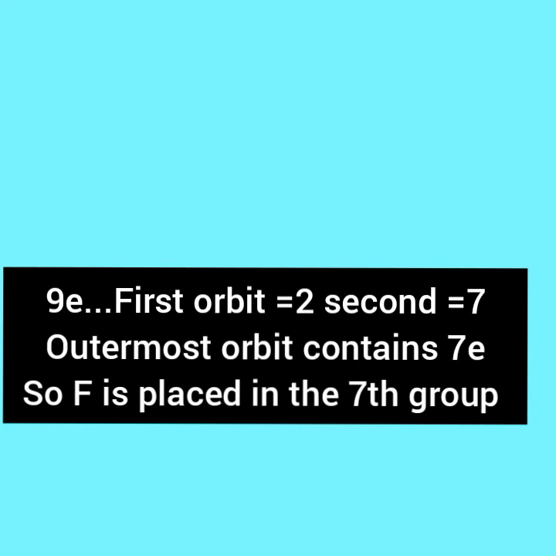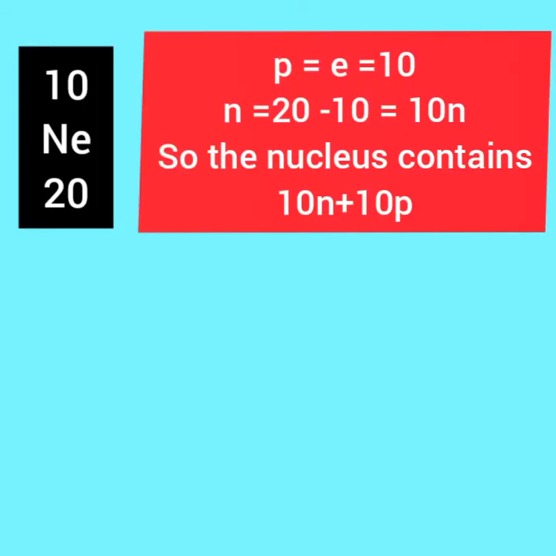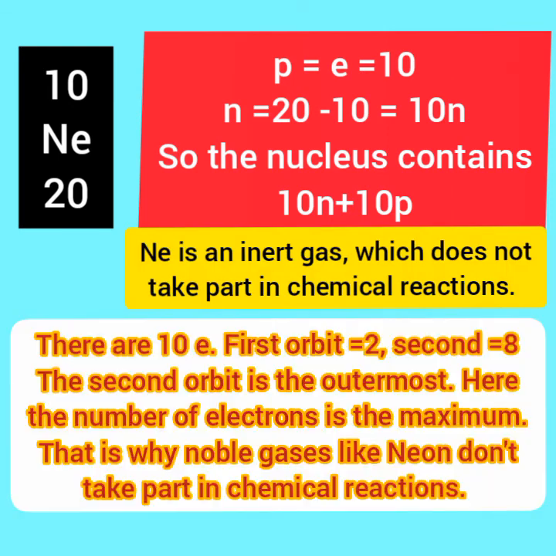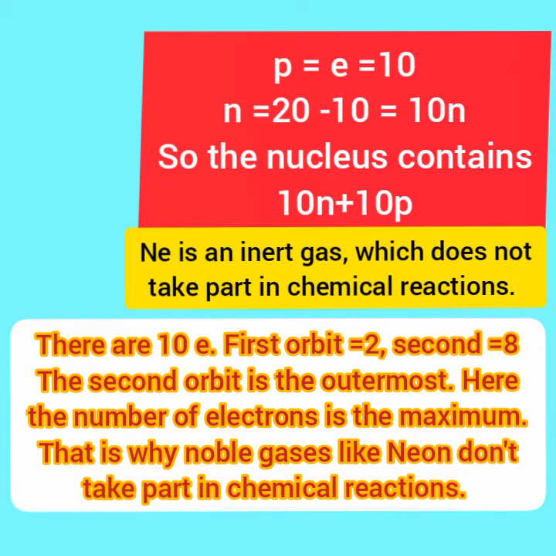Next is neon, the last of that one. Neon is a gas which does not take part in chemical reactions. The atomic number is 10, the atomic mass is 20. Therefore, the protons and electrons are equal to 10. The neutrons are equal to 20 minus 10, that is also 10. The nucleus contains 10 protons and 10 neutrons.